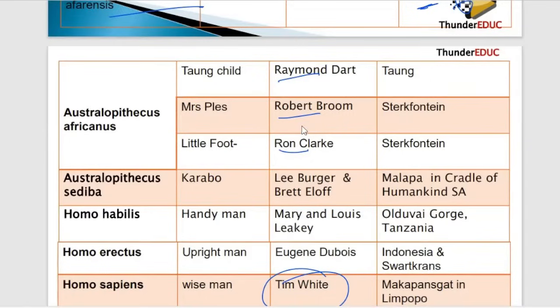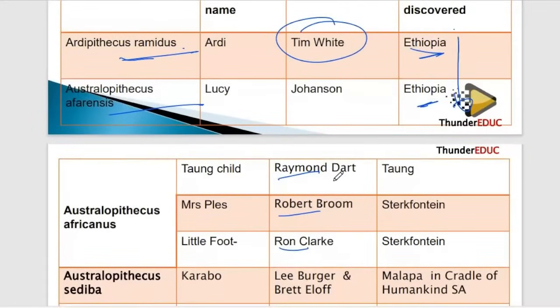So they cannot trick you with Lady Bagger. Taung Child, Raymond Dart. It has the A. Is it clear? Yes.